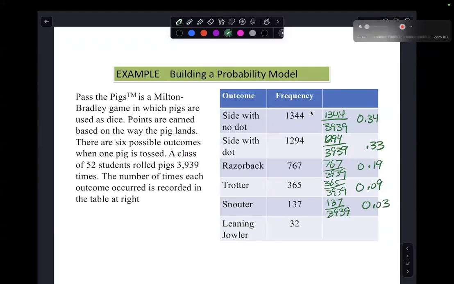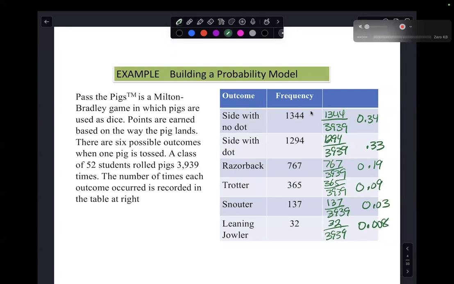And then 32. 3939. There we go. So now I've built my probability model.